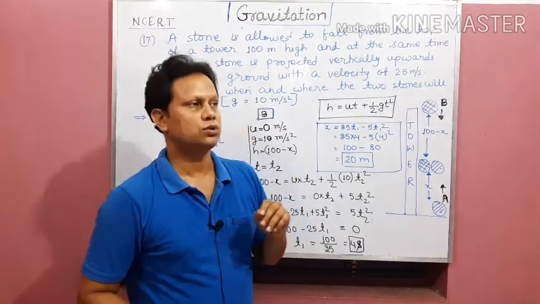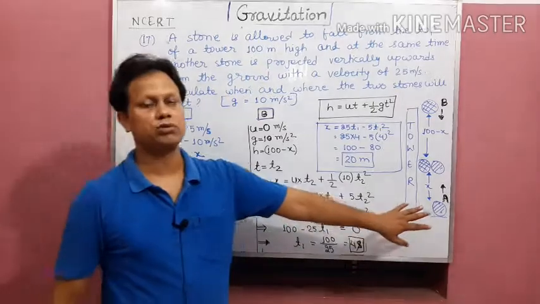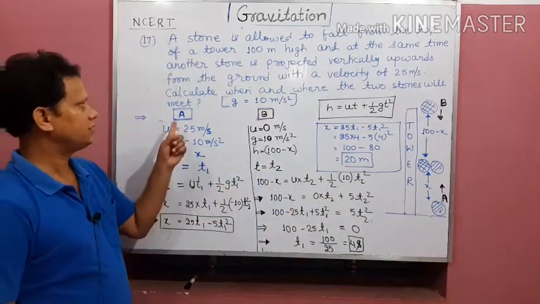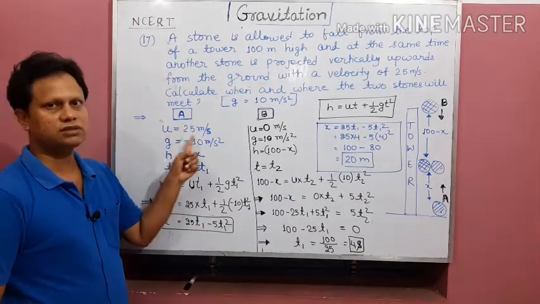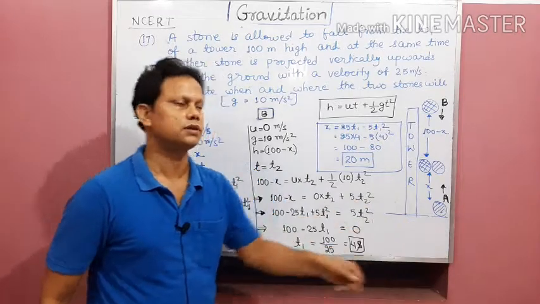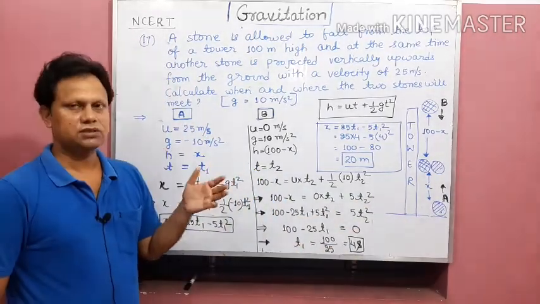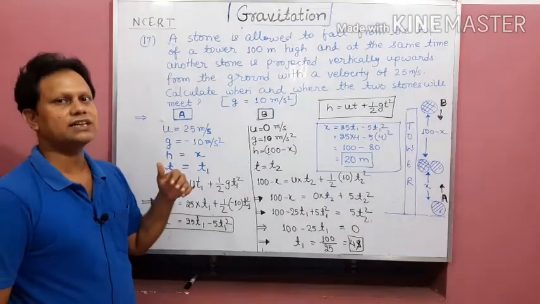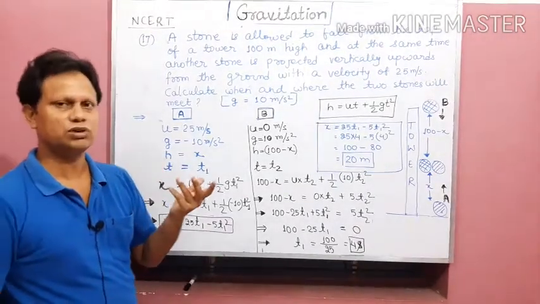Okay. Now I am going to gather some information about stone A and then stone B separately. For stone A, initial velocity will be 25 meter per second because it has been thrown with 25 meter per second. G will be minus 10 because it is going up, so it is negative acceleration. H is the height traveled, that is actually the displacement.